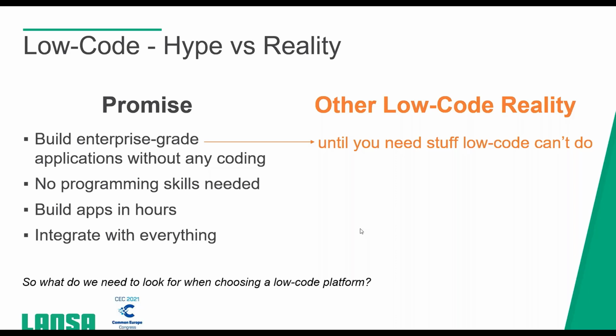Now normally that is at a cost and also a time delay. Or do you do it yourself by going back to the basics, providing the functionality using more traditional code bases like JavaScript or Node.js, PHP, in which case you now have two code bases to maintain.